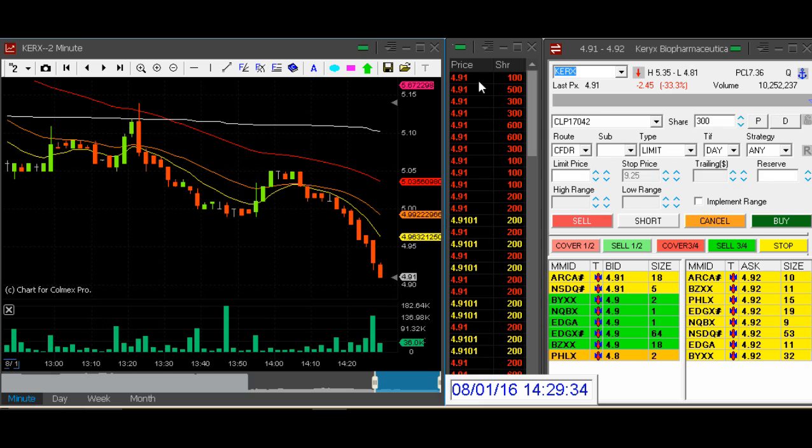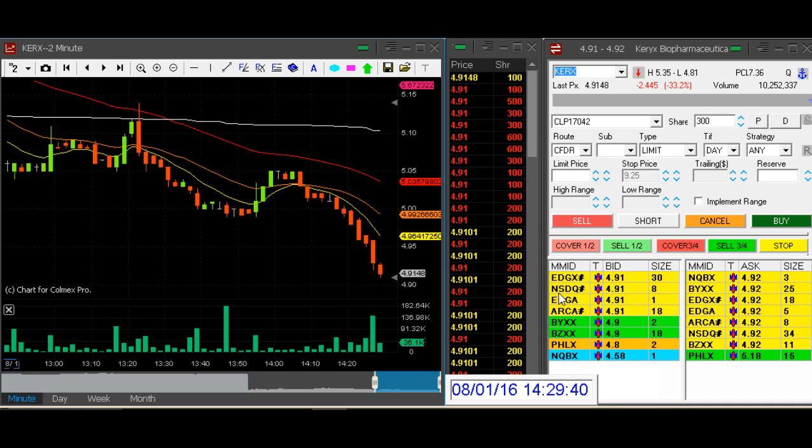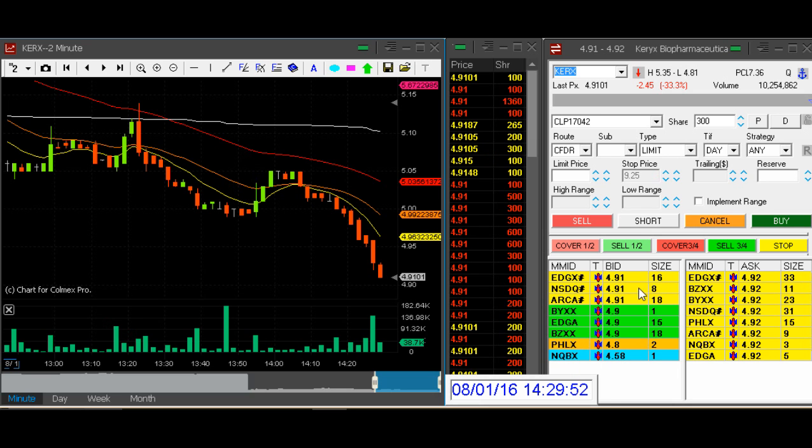Okay, so if you see this kind of price action, these red print orders are telling you that they are absorbing all these bidders. Okay, so right now this is looking bearish, actually pretty bearish, and as you can see we are at 4.81. Let's see if we can absorb that level.